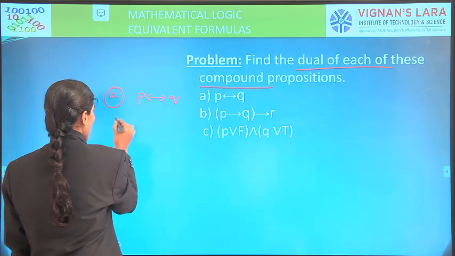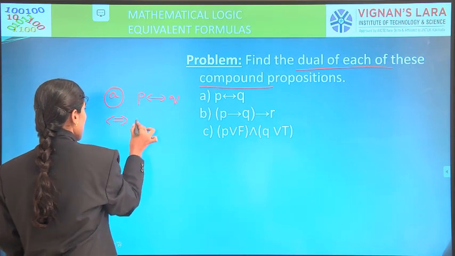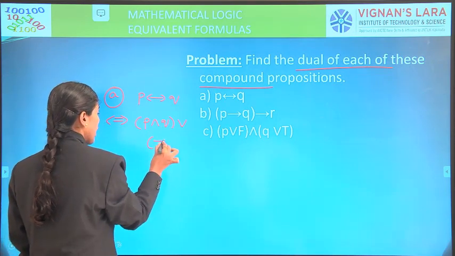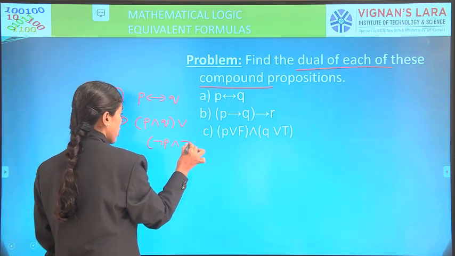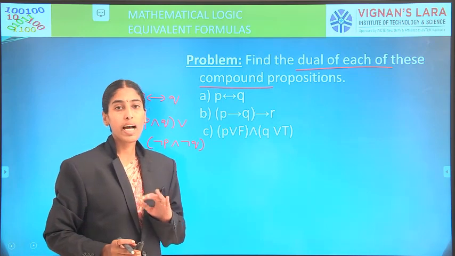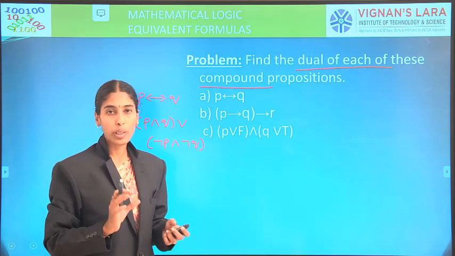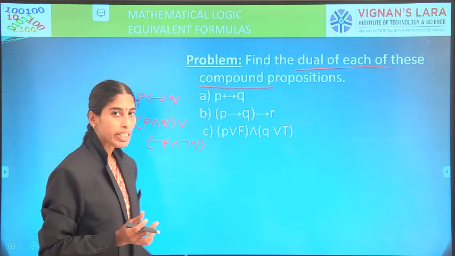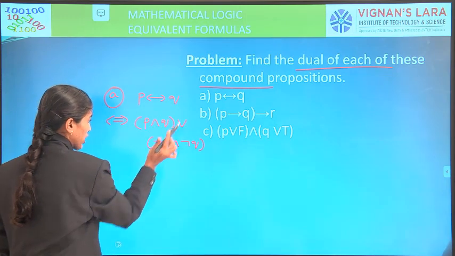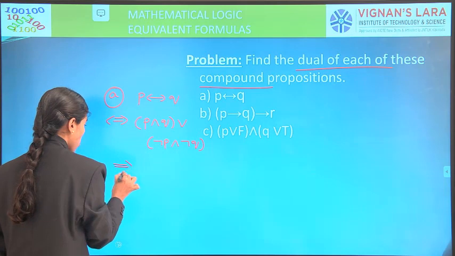So the formula for this one is P and Q or negation P and negation Q. Whenever conditional or biconditional is there, we need to replace those using the equivalent formulas.